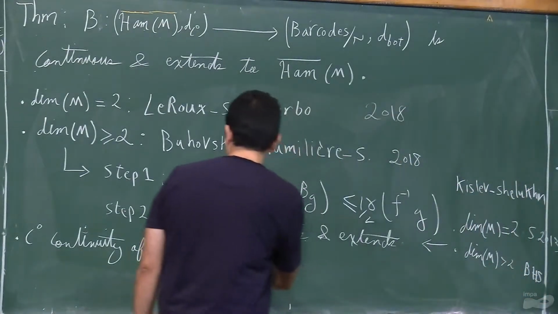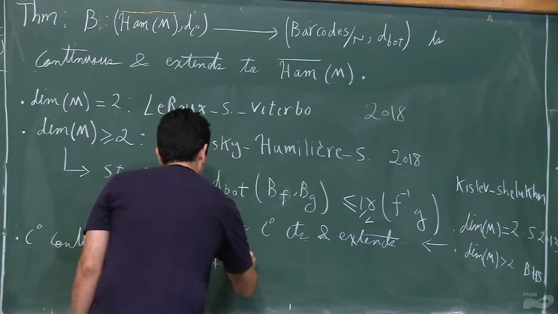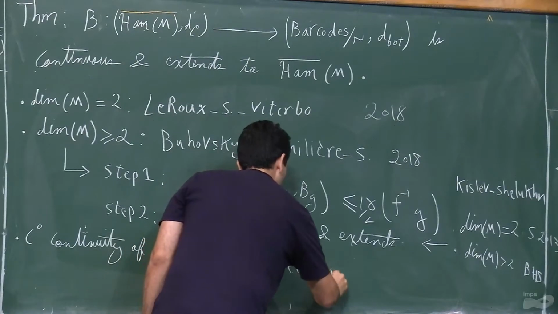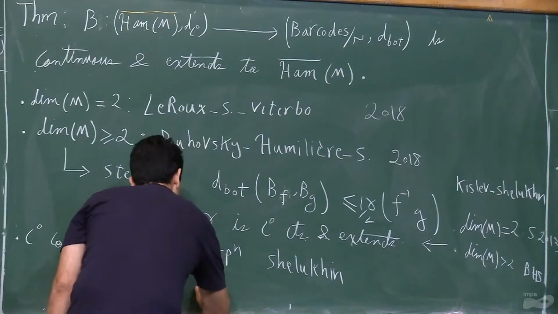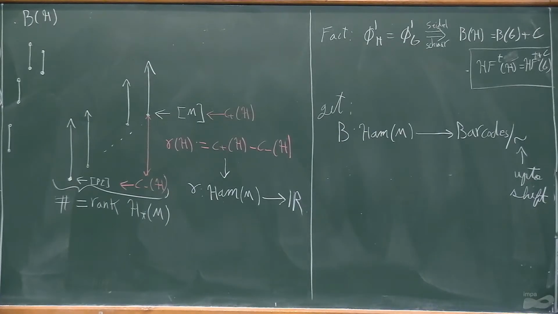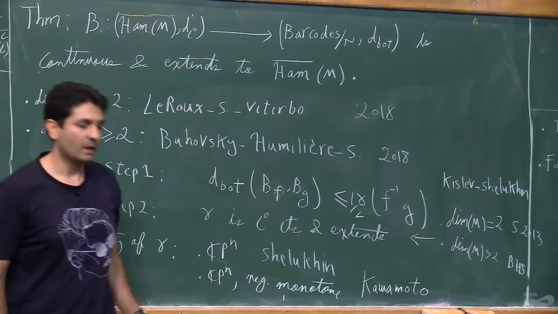And I was saying C0 continuity of gamma has been proven now on CPN by Egor. And a few months after Egor, a new proof was given for CPN and negative monotone manifolds by Kawamoto, who is a joint student of mine and Claude Viterbo. Okay. Any questions?